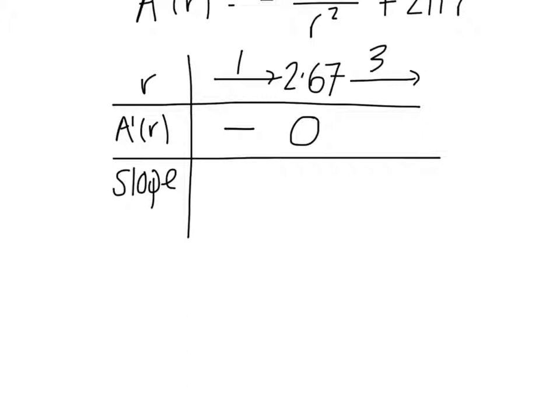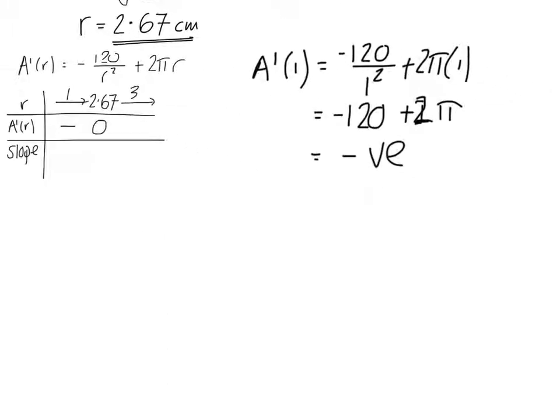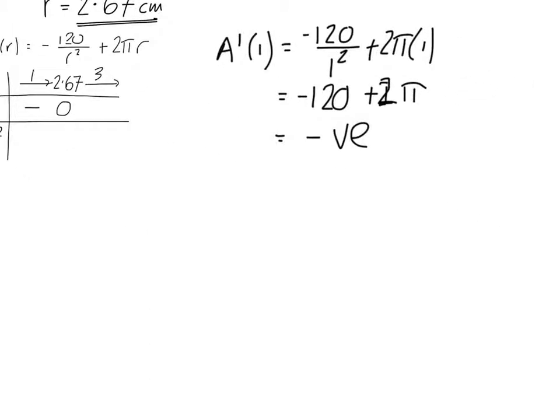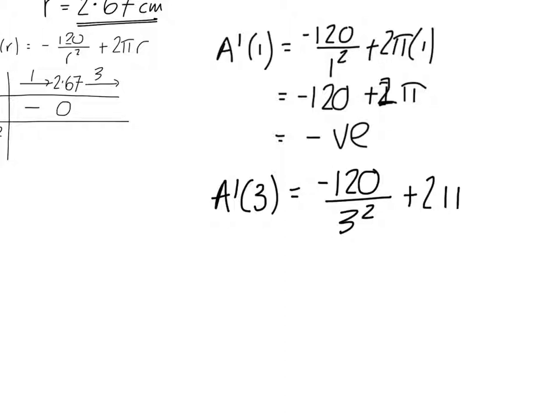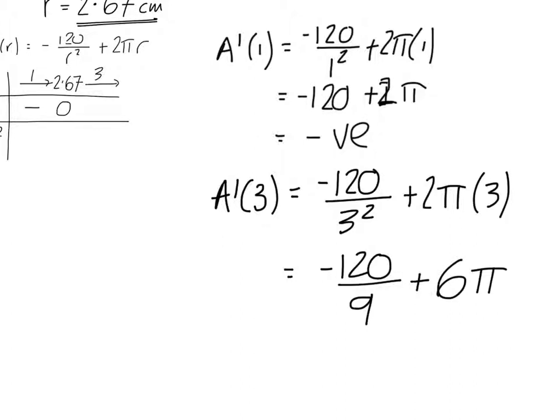What we need to do now is the same thing again, but this time with 3. So A dash of 3 is minus 120 over 3 squared plus 2 pi times 3. So that's minus 120 over 3 squared, which is 9, plus 2 pi times 3, which is 6 pi.